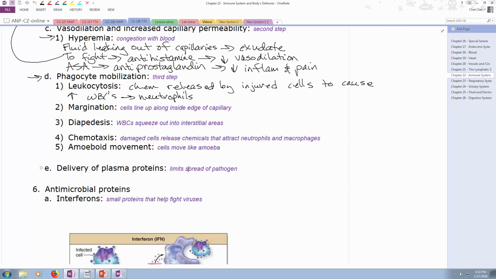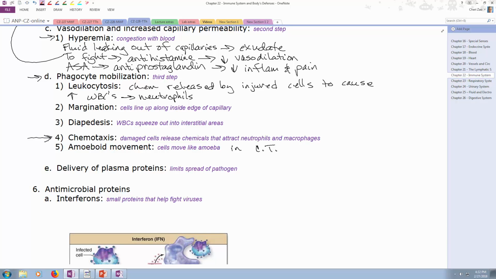And they follow what brought them there in the beginning. They follow that chemical scent, that chemotaxis. So cells are releasing all kinds of things that are kind of like help, save me kind of signals. And they wander through the soft tissues with an amoeboid movement. And the soft tissues are in the connective tissue.